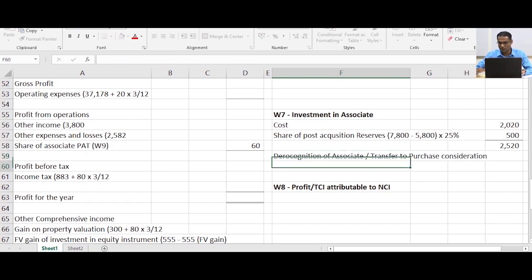Okay, you can transfer this to the purchase consideration, or else you can mention this as de-recognition of associate. So minus 2520. Okay, you take that out.